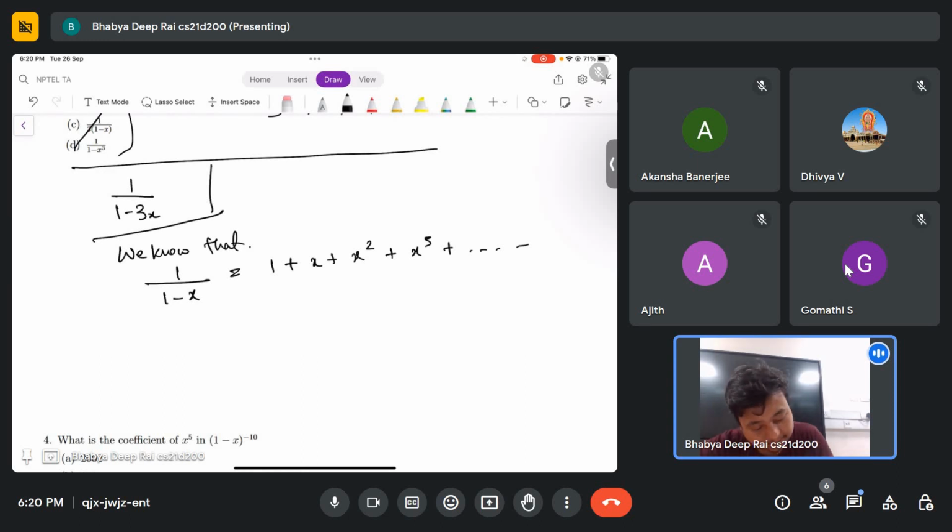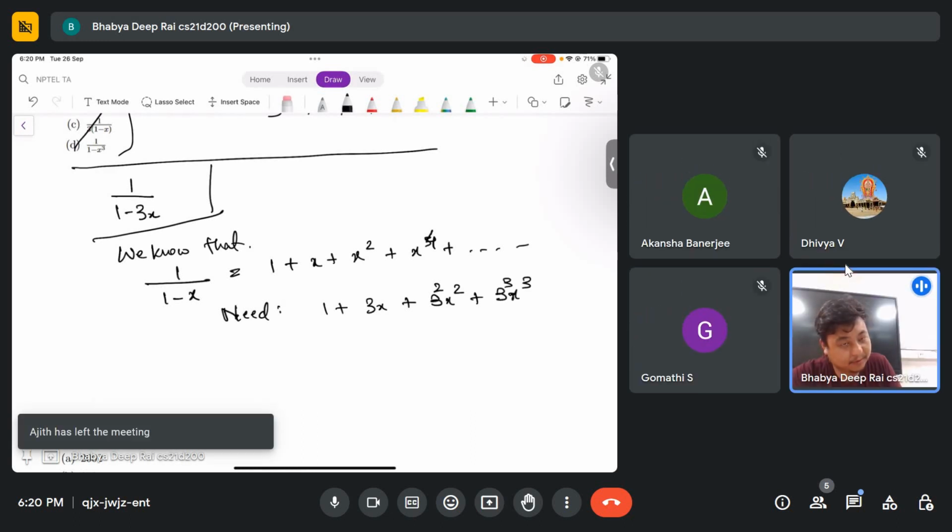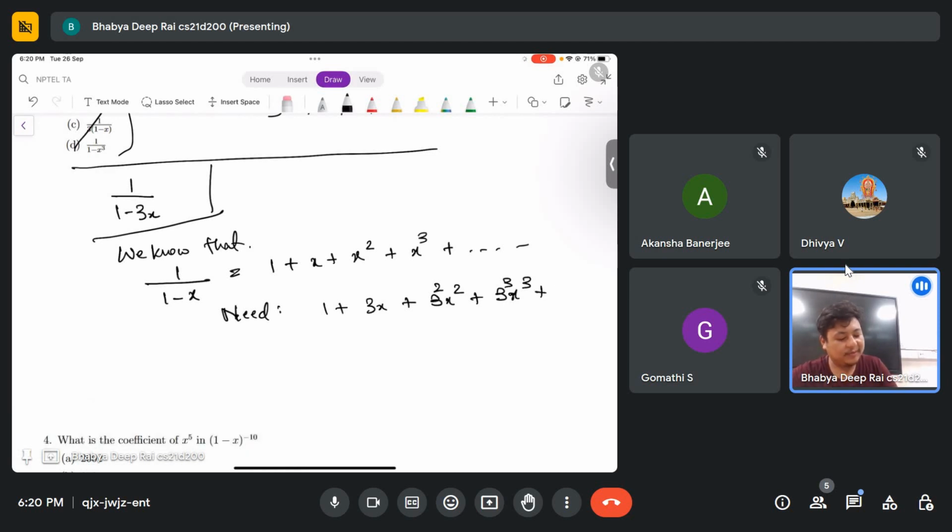Now what do we need? We need 1 plus 3x plus 3 square x square, 3 cube x cube, and 3 to the 4 x to the 4 and so on.